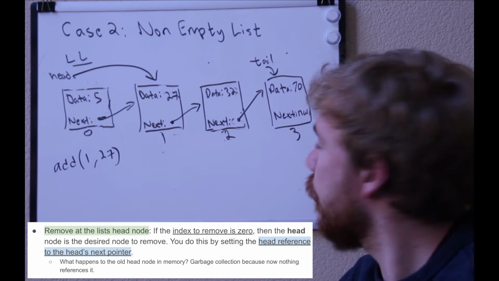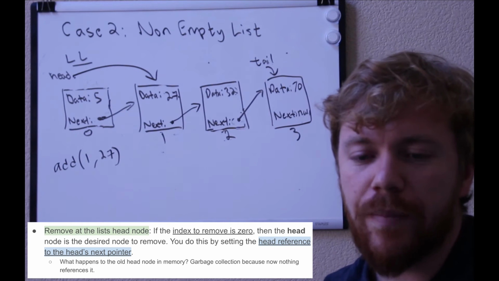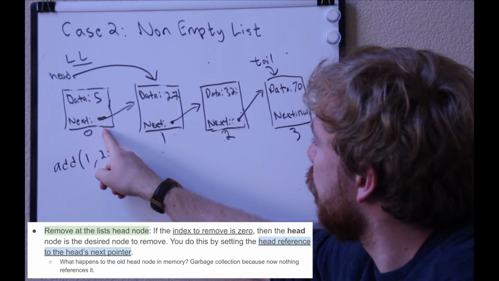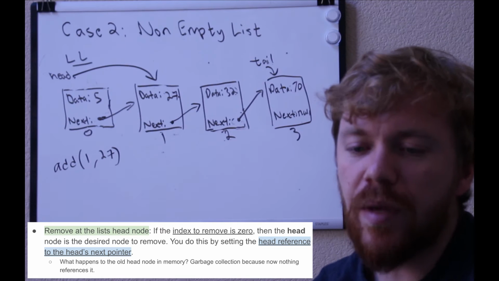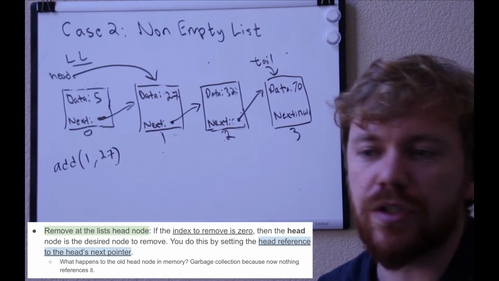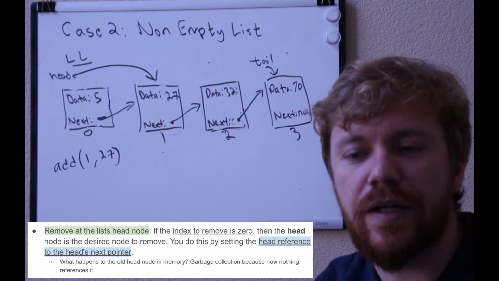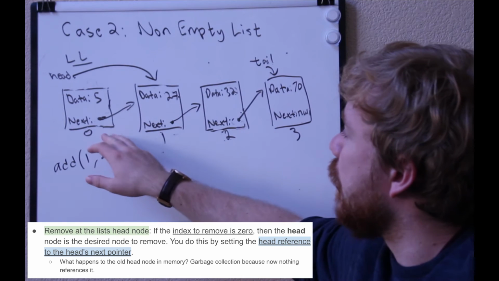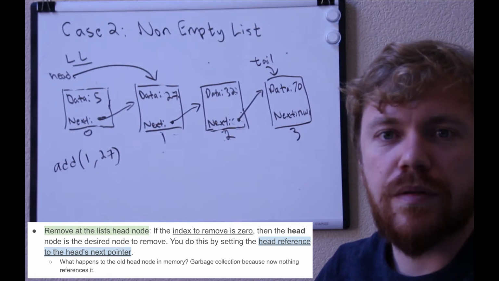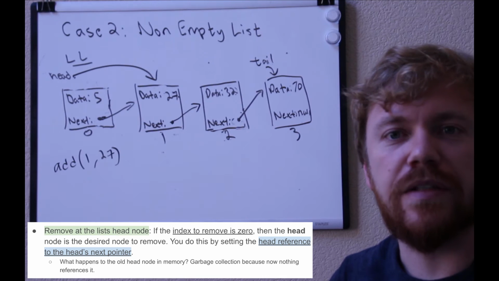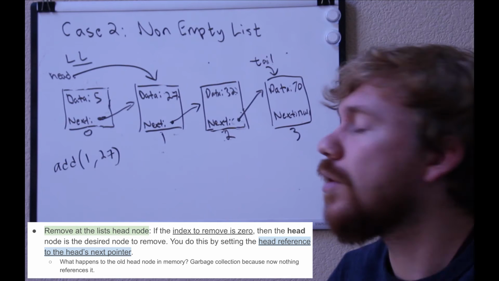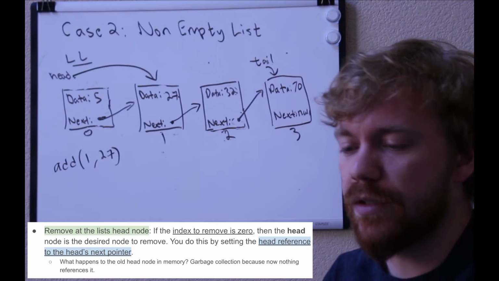And that begs a question, what happens to the old head node, this guy, in memory? And this is why we talked about garbage collection in one of the other lecture videos. There's nothing that now references this node in memory. So its reference count is now 0. And due to its reference count being 0, it gets garbage collected.